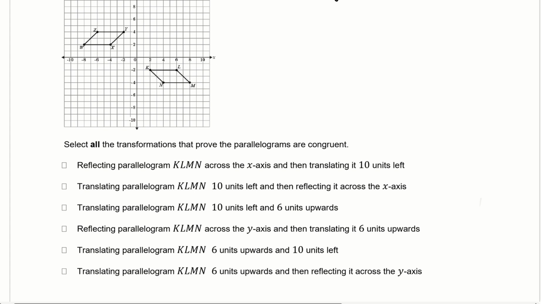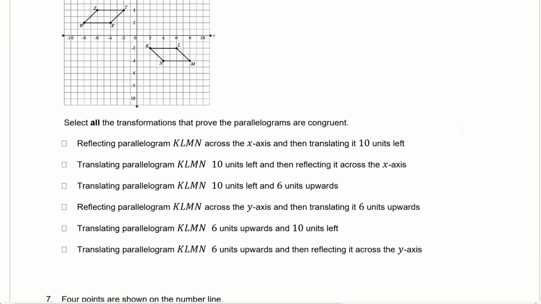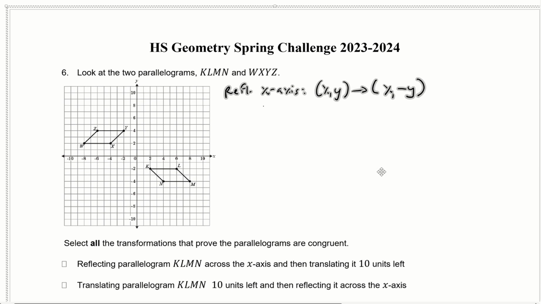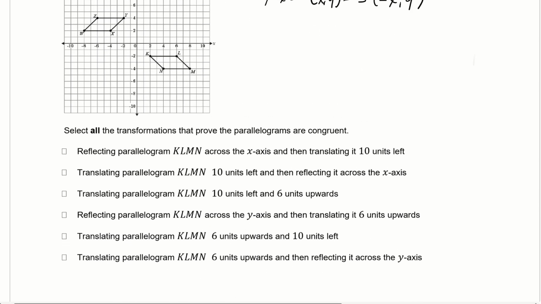And let's look at all these transformations. So we got x-axis, we got translations, looks like we got y-axis reflection, and that's it for the transformations. So let's do the y-axis, and that's (x, y) maps to (negative x, y). All right, so we got those rules.